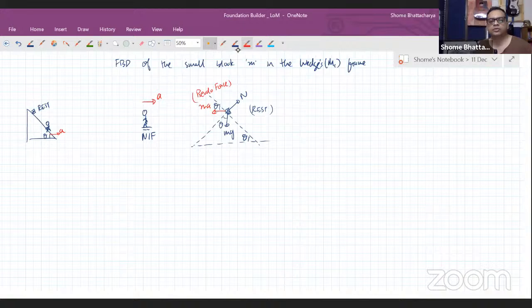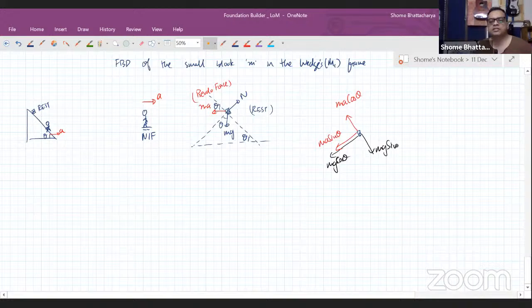So on resolving the forces, you'll get pseudo force components ma cos theta this side and ma sin theta this side. Weight's components mg cos theta this side, mg sin theta this side, and normal reaction like this.